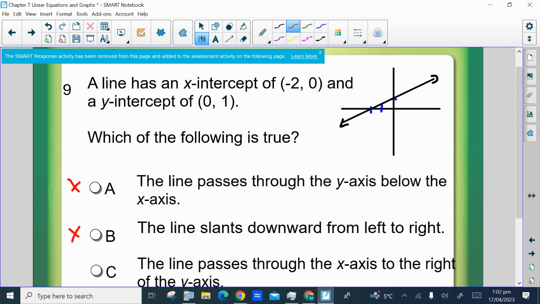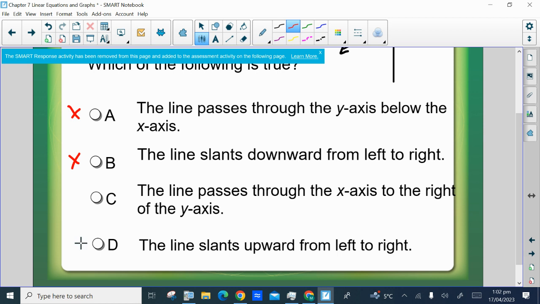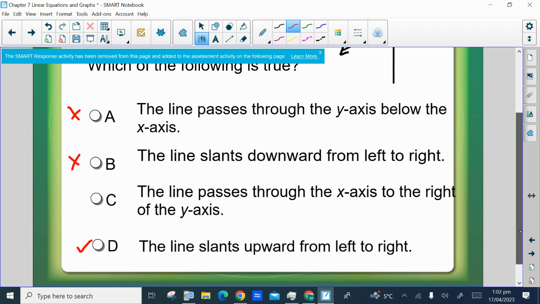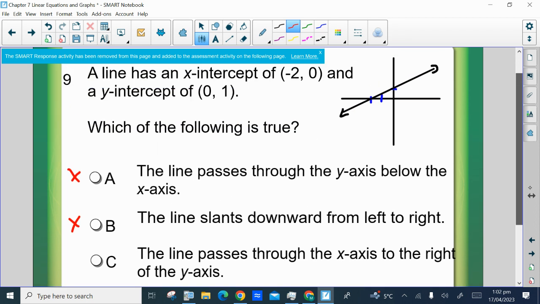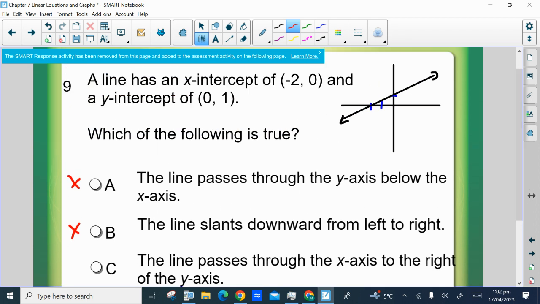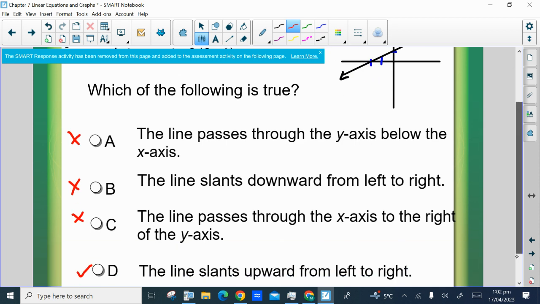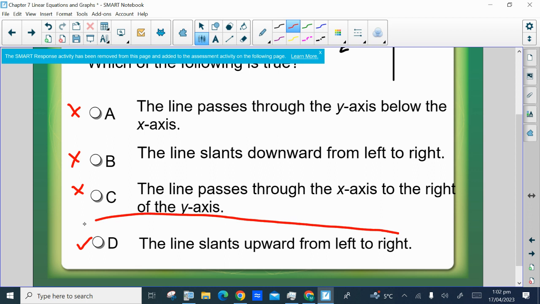Well, that's not true. It slants upwards from left to right, which is what answer D says. To eliminate answer C, the line passes through the x-axis to the right of the y-axis. That's not true. It passes through the x-axis to the left of the y-axis. So this just confirms then that D is the correct statement.